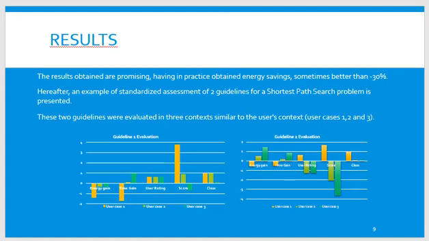As we can see, for example, for the first one, guideline 1 evaluation, and for the first user case here, we can see that we have obtained an energy gain and also a time gain, and the user has noted the guideline with a good mark.